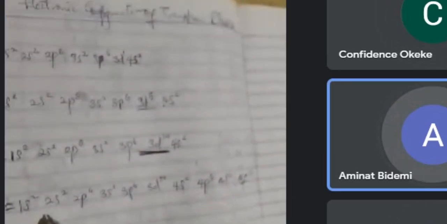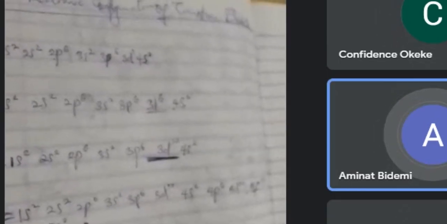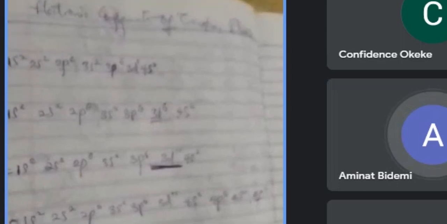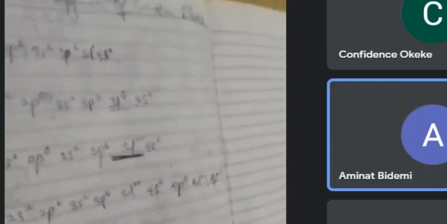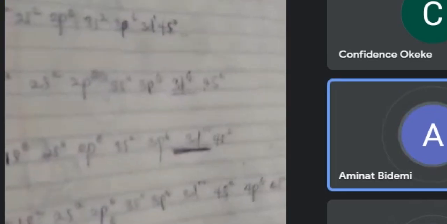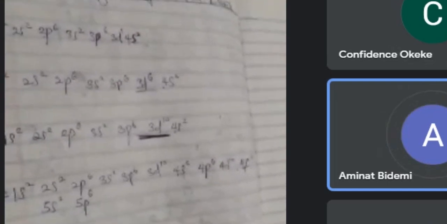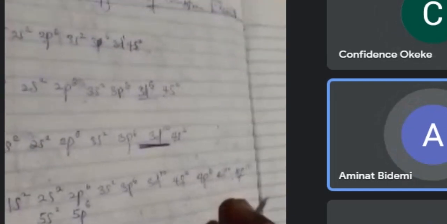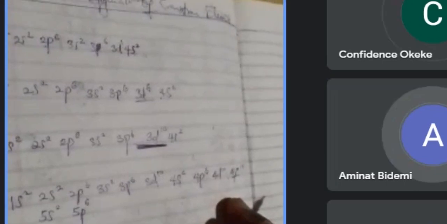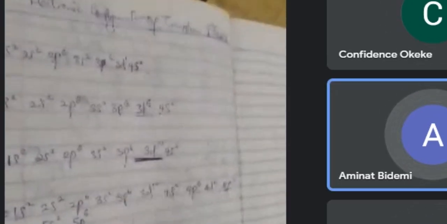After 4f14, I should have 5s2. Then 5d10. So after 5s, let me check the energy level. My mistake. After 4p comes 4d, then after that 5p6. That's 68.